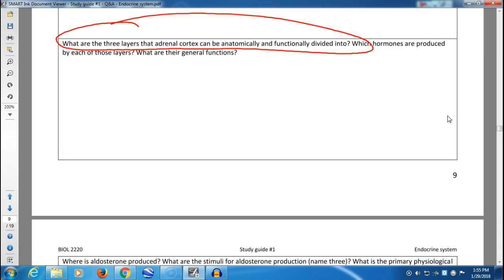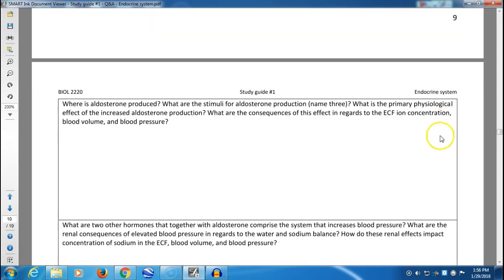Potassium, if aldosterone goes up, potassium is excreted, right? And if aldosterone goes down, then potassium is spared, contained, sodium is excreted. I said name 3. Oh, the third. Potassium, low blood pressure, stress.